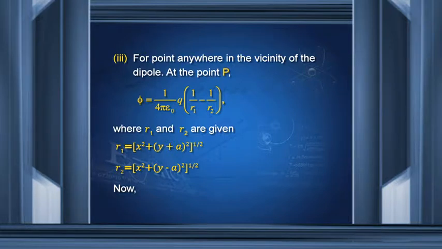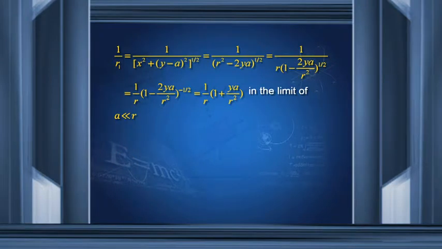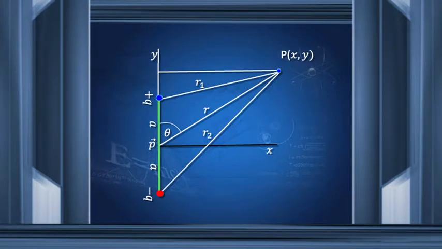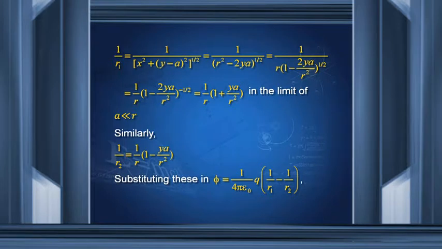So, we expand 1 by r 1 in the limit of a much less than r, and we get 1 by r 1 is 1 by r into 1 plus y a by r squared. Remember, y is this and x is this, the coordinates of P are x and y. Similarly, 1 by r 2 we expand in the same limit, and we substitute them back into this equation and we get the result.